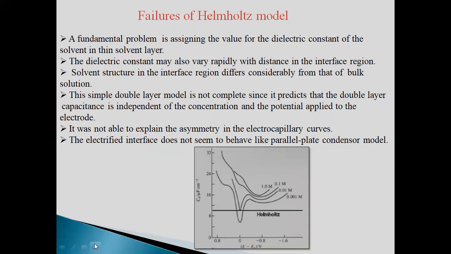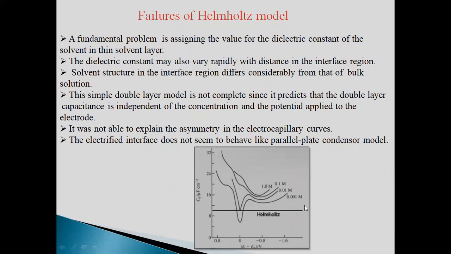The model is not complete as it predicts that the capacitance is independent of concentration and potential applied to the electrode. Moreover, it was not able to explain the curve for the differential capacitance with the potential. As shown here, this is the experimental curve that shows that it varies with the concentration.